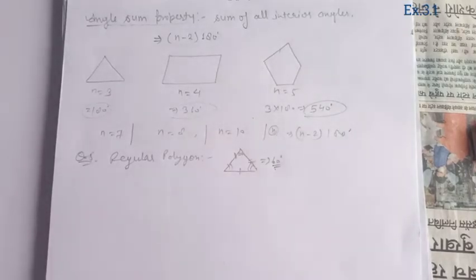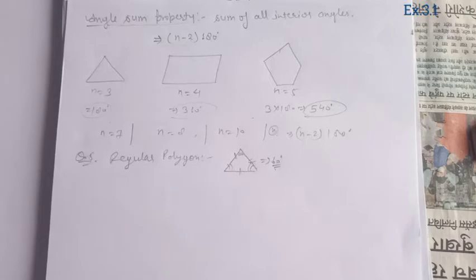Now the next shape has four sides. As you know, the four sided regular polygon is known as a square. Okay, in a square all angles are equal and all lengths of the sides are equal. And now third is six sides. As you know, a six sided shape is known as a hexagon, but when regular it is known as a regular hexagon.